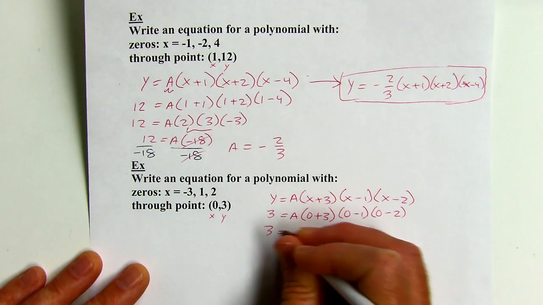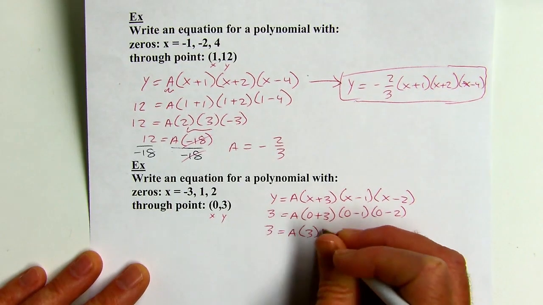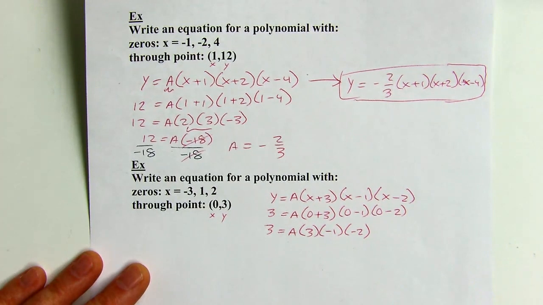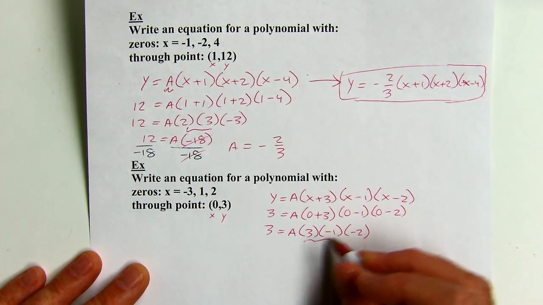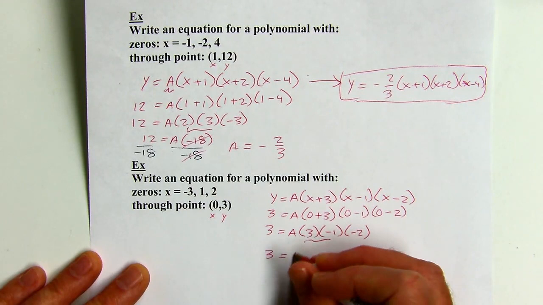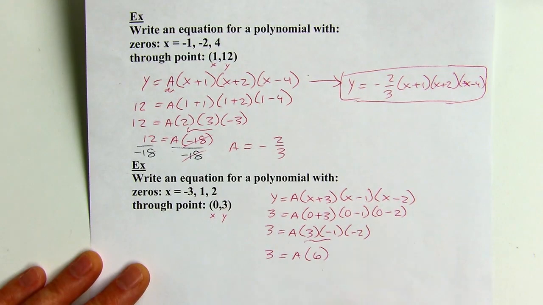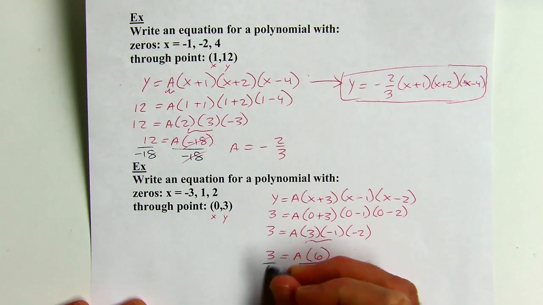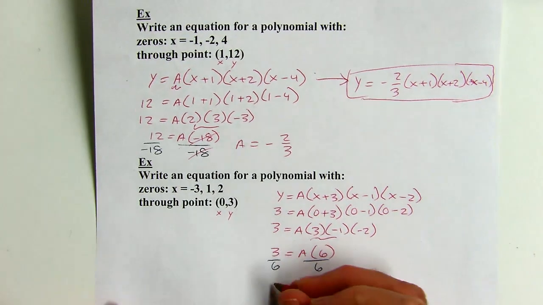Okay, and then the zeros don't do much, right? And then I'll multiply this out. So I've got negative 3 times negative 2, that would be positive 6, right? And then divide by 6. And a is going to equal 1/2.